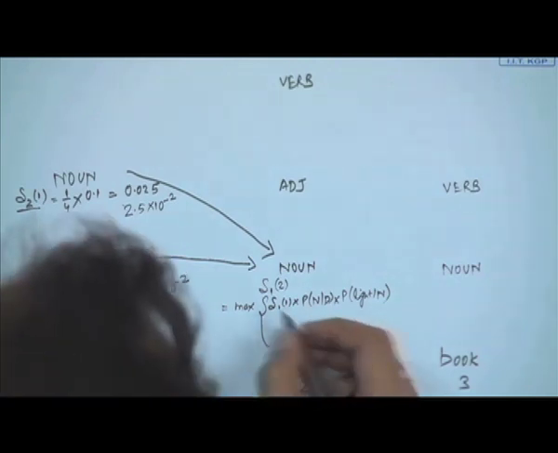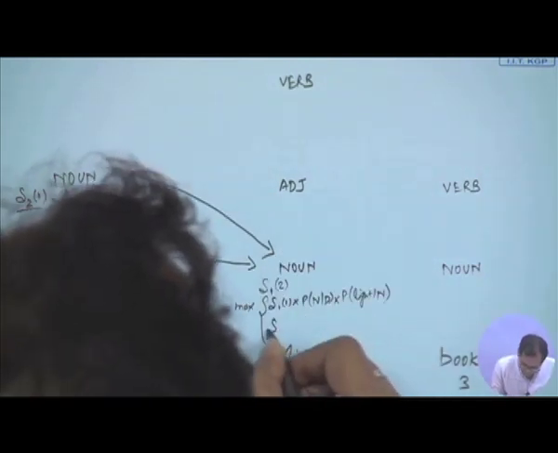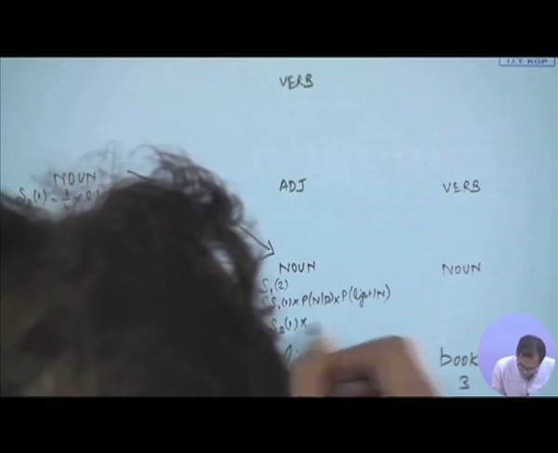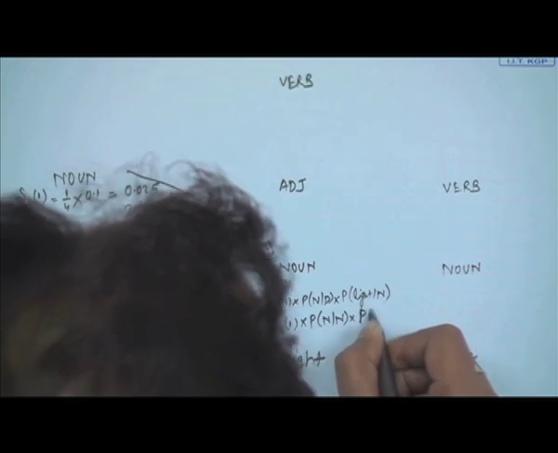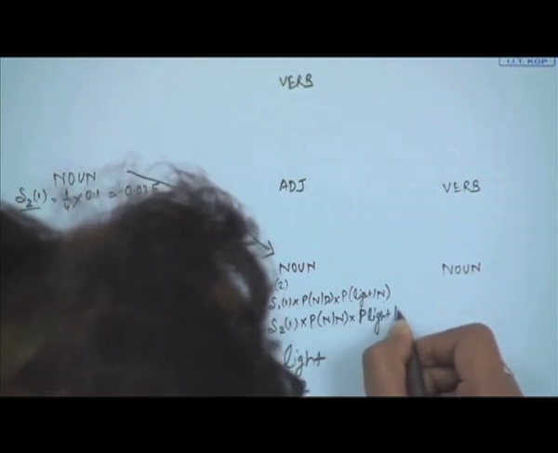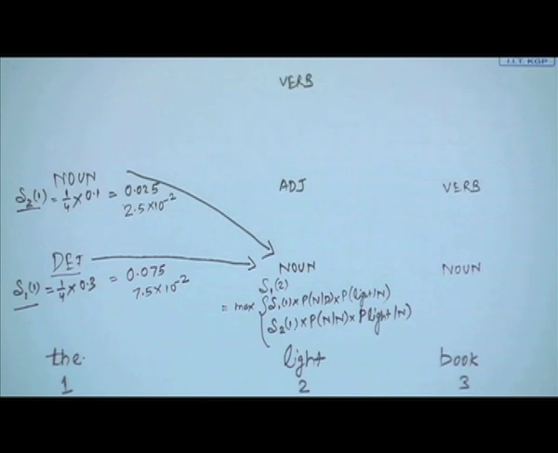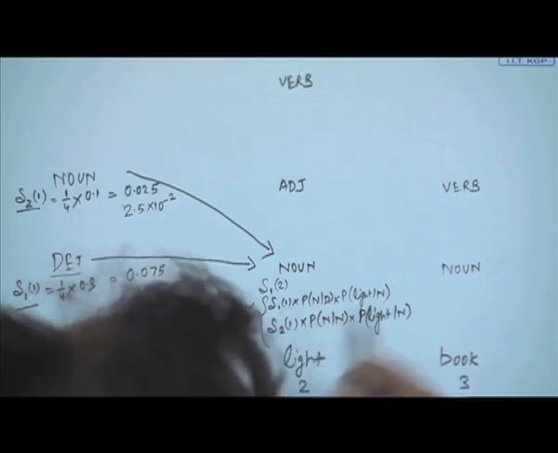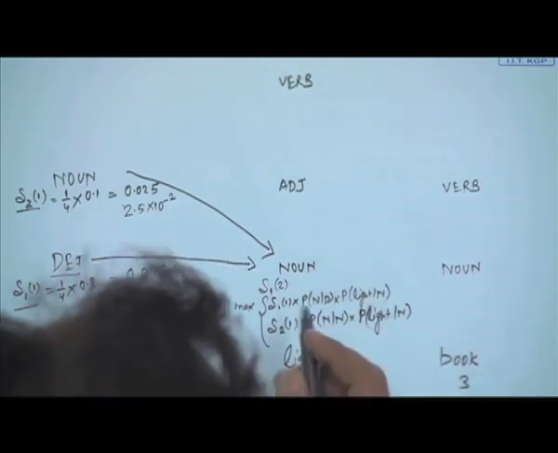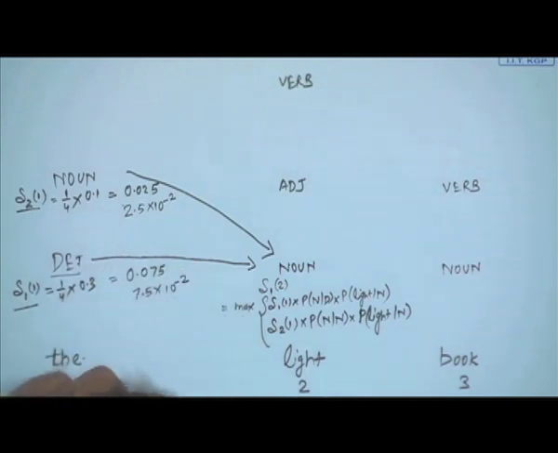Yes, and second one would be delta 2 1 times probability noun given noun times probability light given noun. Okay, so let us compute these two probabilities. So you will take the max of these. Okay, so let us just compute these probabilities.